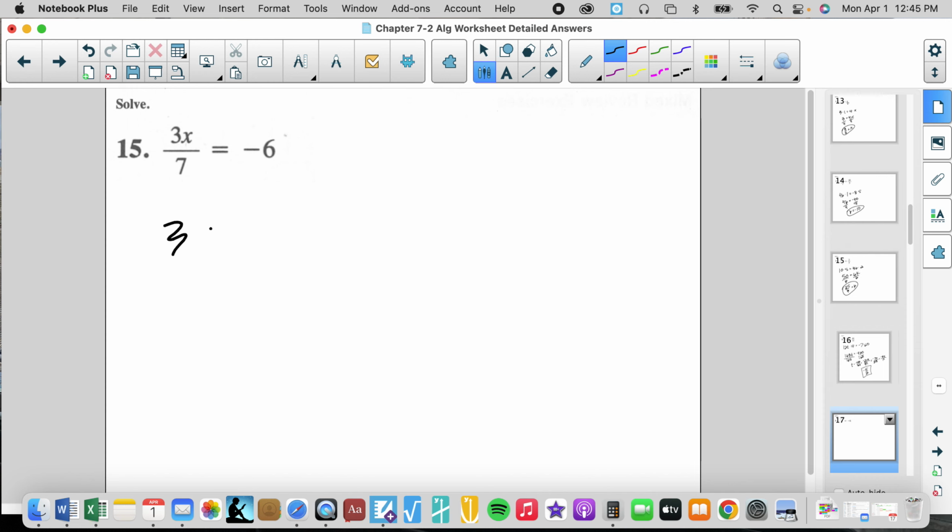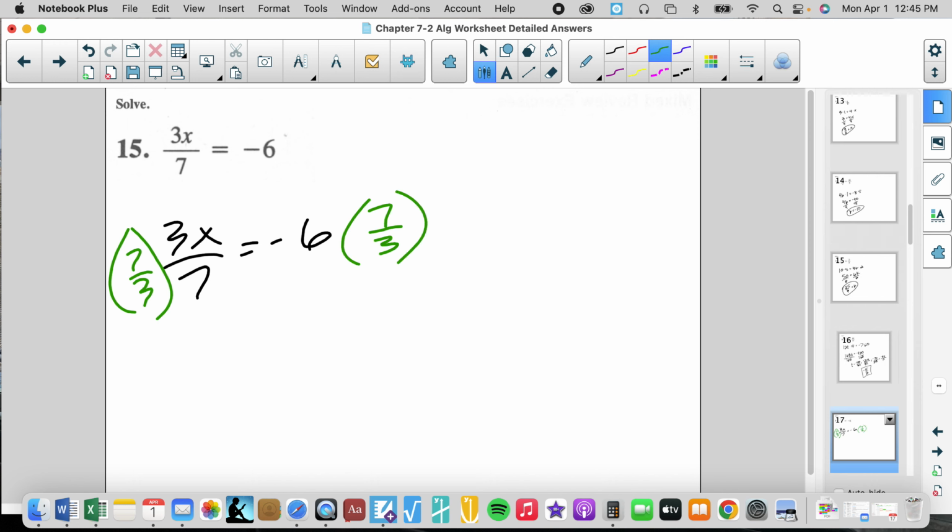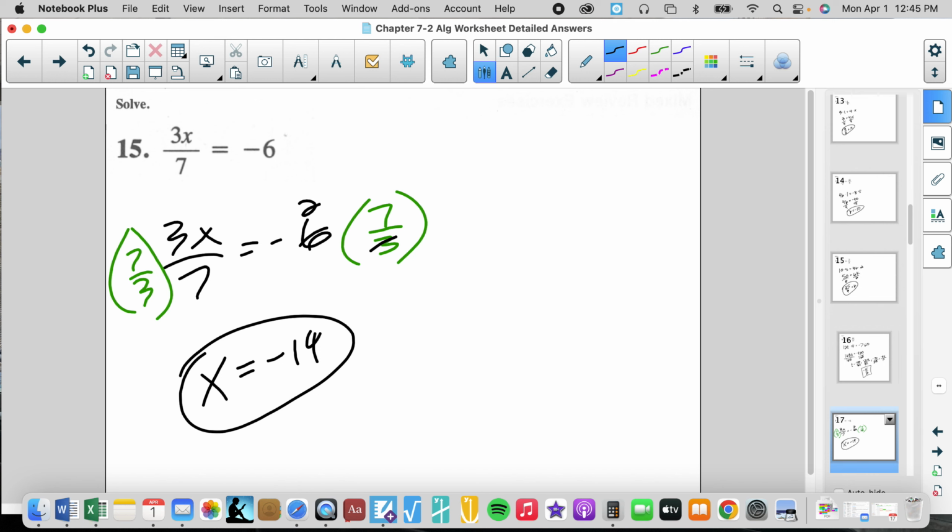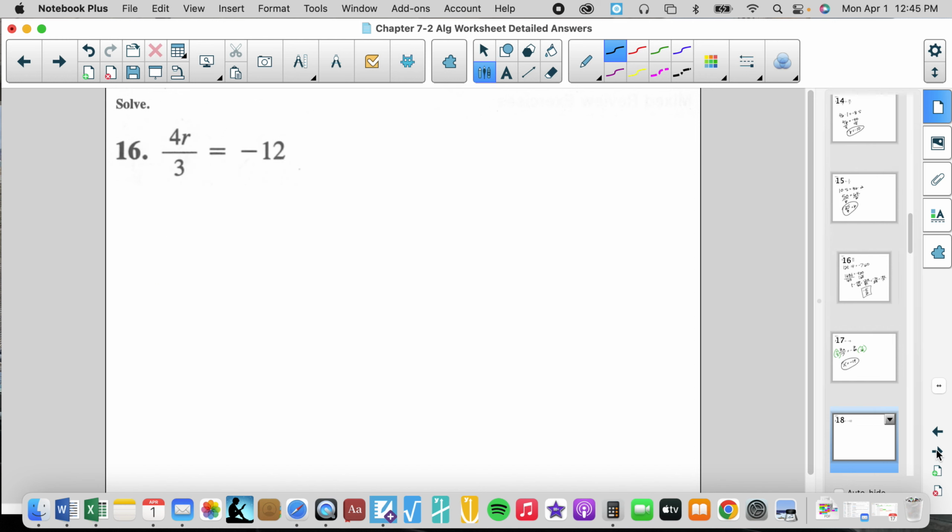Well, let's show you another way of doing this. Let's look at it as a formula, as an equation. We can multiply by the reciprocal. Multiply by the reciprocal. And that gives us x equals, these cancel, that's 2, that's -14. Let's keep it simple. If we can find a simple way to do these problems, let's find the most efficient, simplest way.